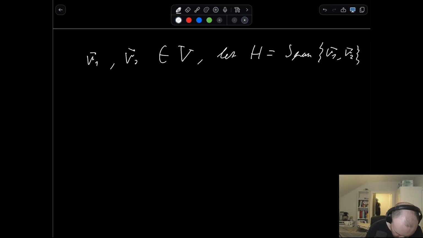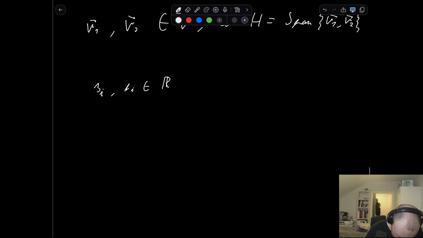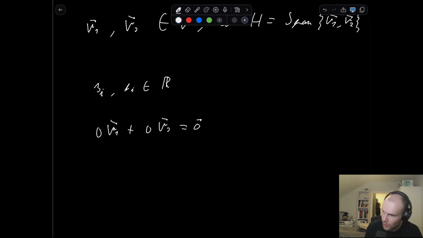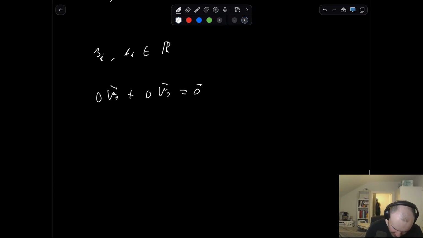So what I can do is, if I had some S_i and some T_i that were in the reals, I could say that if S1 was 0, then 0 V1 plus 0 V2 is the zero vector. Awesome, that's the first one out of the 3. Now we can do addition.